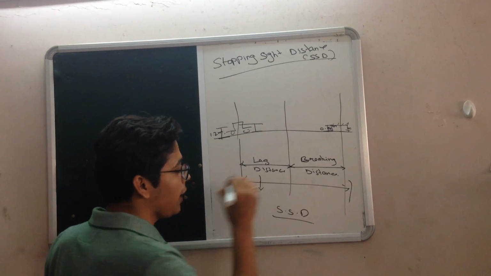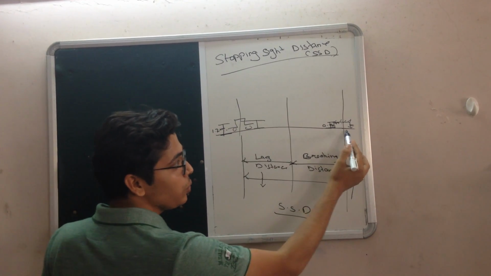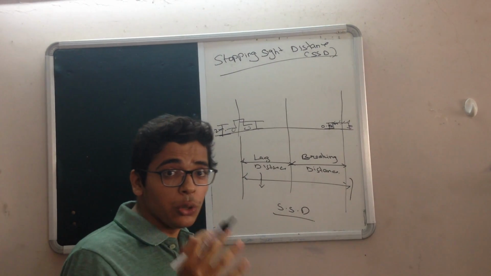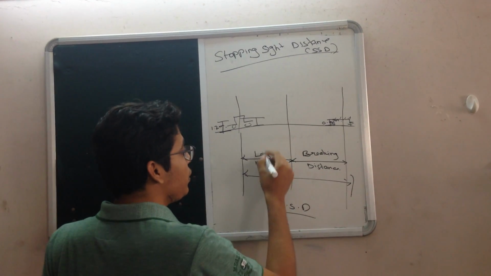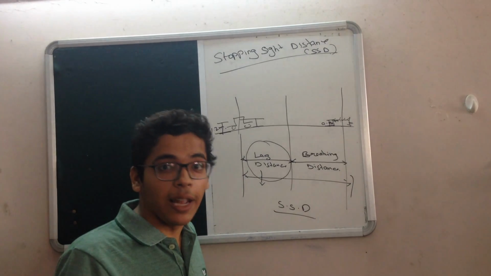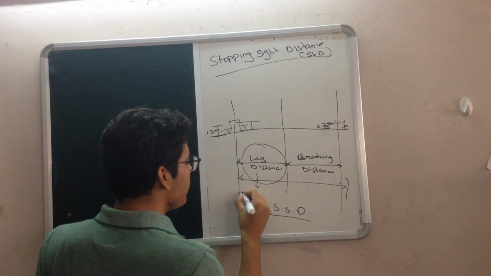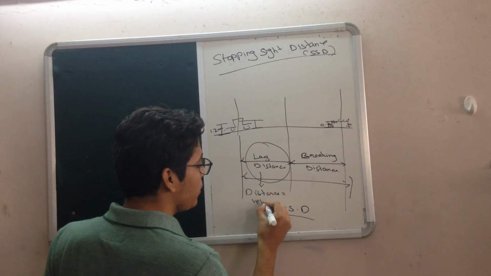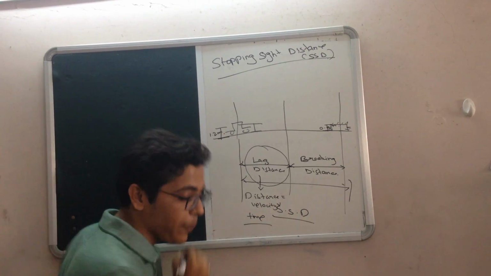First of all, what is lag distance? While you are traveling in a car, you see an obstruction on the road. The time period for which you realize that you need to apply the brake is used, and the distance traveled during this time is known as lag distance. So this lag distance, as we know, distance is equal to velocity into time.